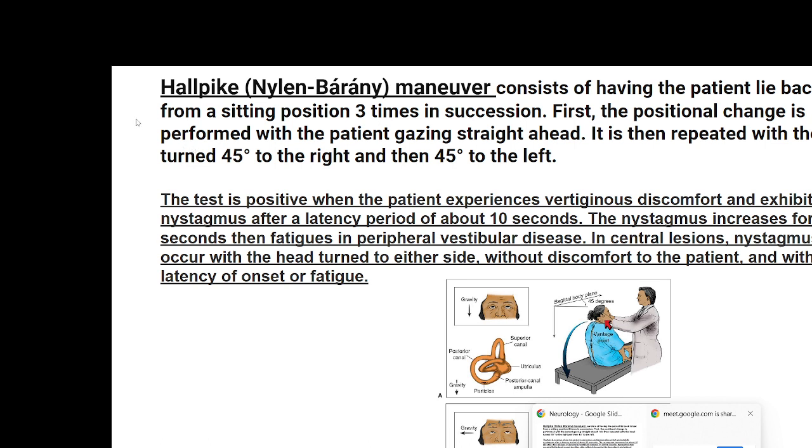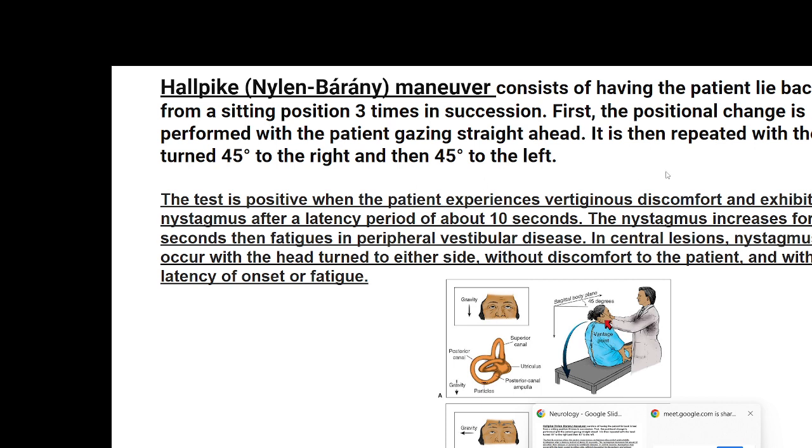Then the Hallpike or Nylen-Barany maneuver is another clinical sign which is often used in case of neurological conditions, again somewhat non-specific. The patient has to lie back in the bed initially, and then you turn the head. The position has to be changed to 45 degrees to the left and the right, or it also can be done in a sitting posture.